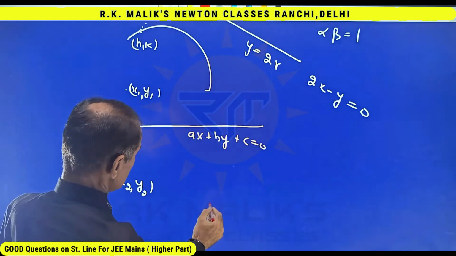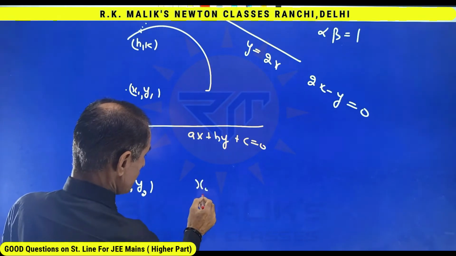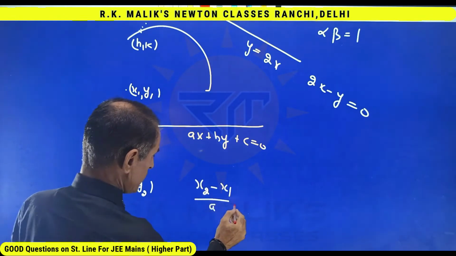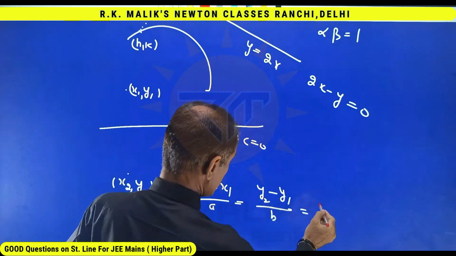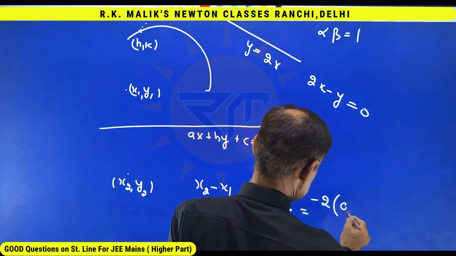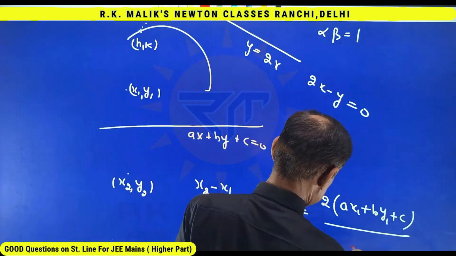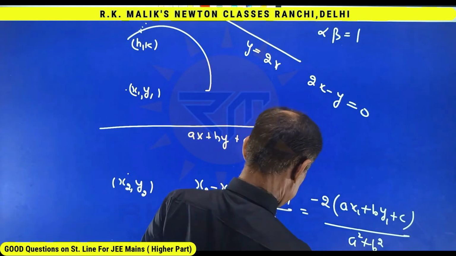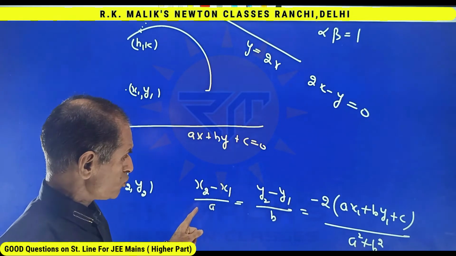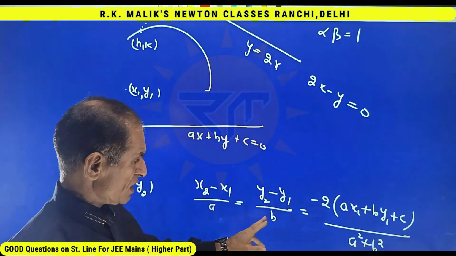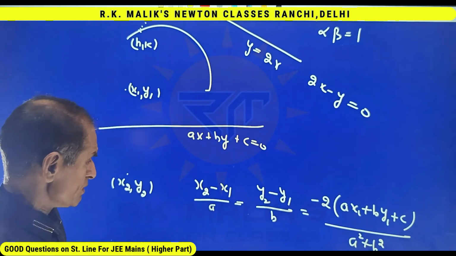We can easily get the value of x2, y2 in terms of x1, y1 using the formula (x2 minus x1) upon a, (y2 minus y1) upon b, equals minus 2 into (a x1 plus b y1 plus c) upon (a square plus b square). If you equate these two, you will get the value of x2 in terms of x1, y1. If you equate these two, you will get the value of y2 in terms of x1, y1.